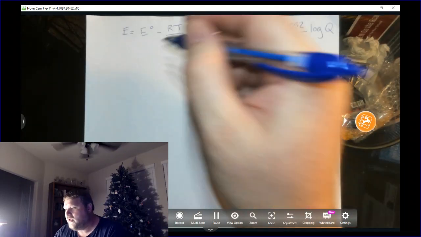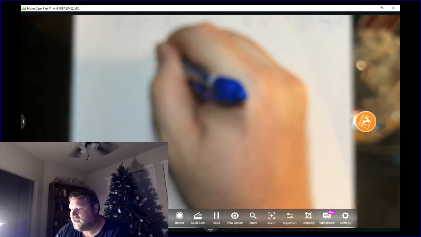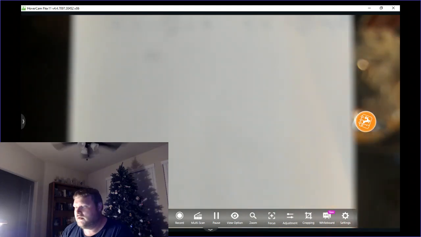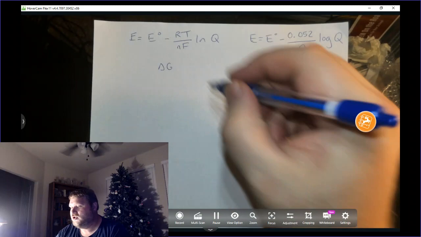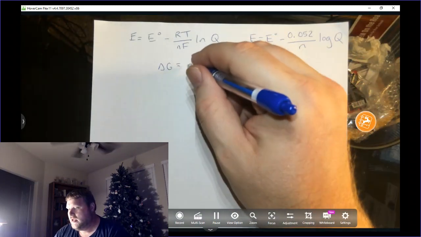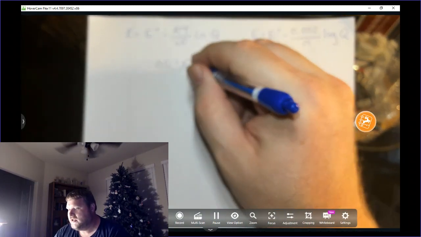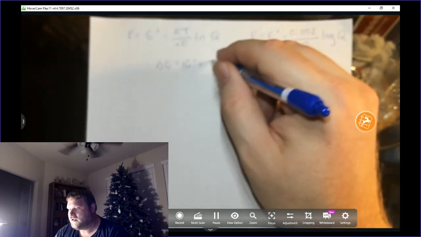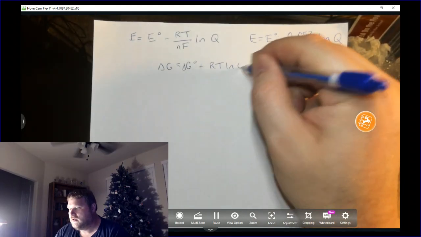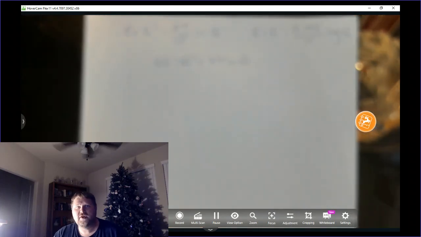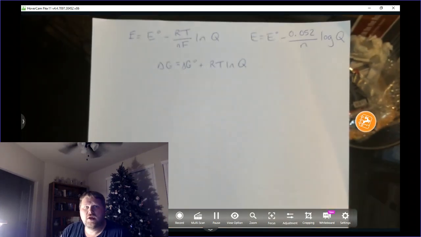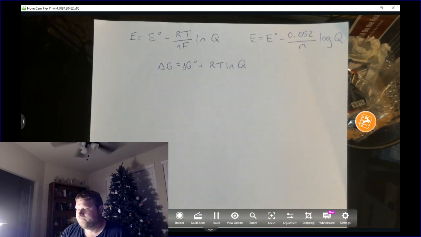So remember that we've got delta G non-standard. Delta G non-standard equals delta G standard plus RT log of Q. So remember, it's Q because we do this when we don't know if we are at equilibrium or not.